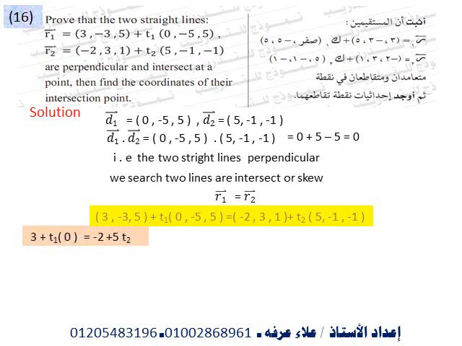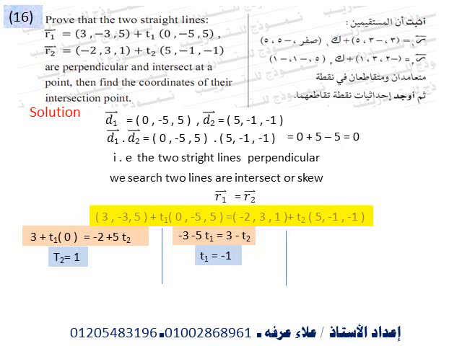We can get 3 plus T1 multiplied by 0 equals negative 2 plus 5T2, so T2 equals 1. Negative 3 minus 5T1 equals 3 minus T2. If T2 equals 1, then T1 equals negative 1.